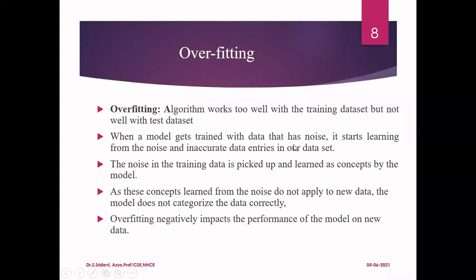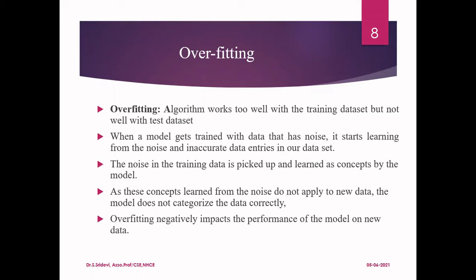Because of that, the noise in the training data is picked up so well by the model, and it is learned as a concept by the model. All these concepts learned from the noise do not apply to the new data, because noise will not always be present. When I make a mistake, instead of entering mark as 90, entering 900, I cannot make that mistake always.